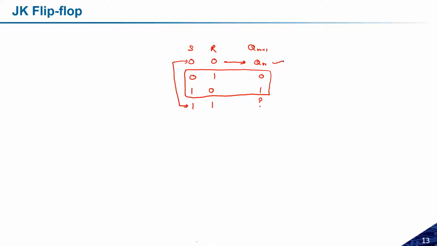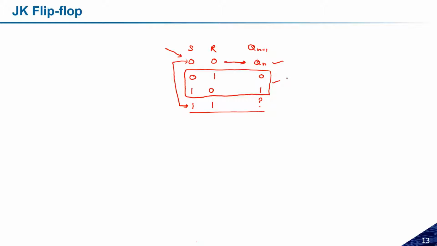But because we are designing a flip-flop that can itself hold and store the data, this combination may not be that useful. And the last combination, 1 1, is the indeterminate state, which is not acceptable. So we need to consider these 2 states.